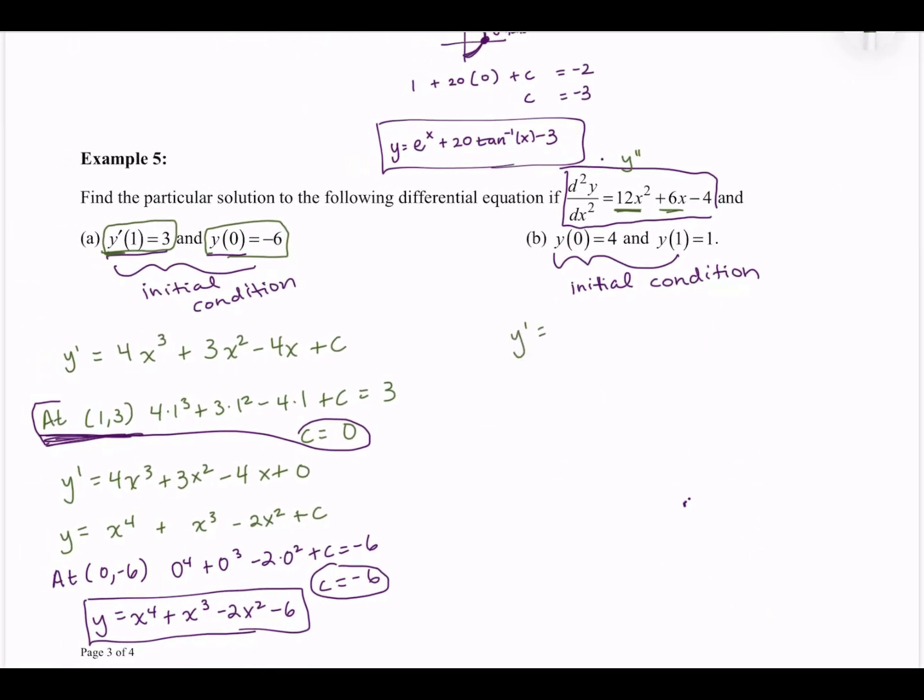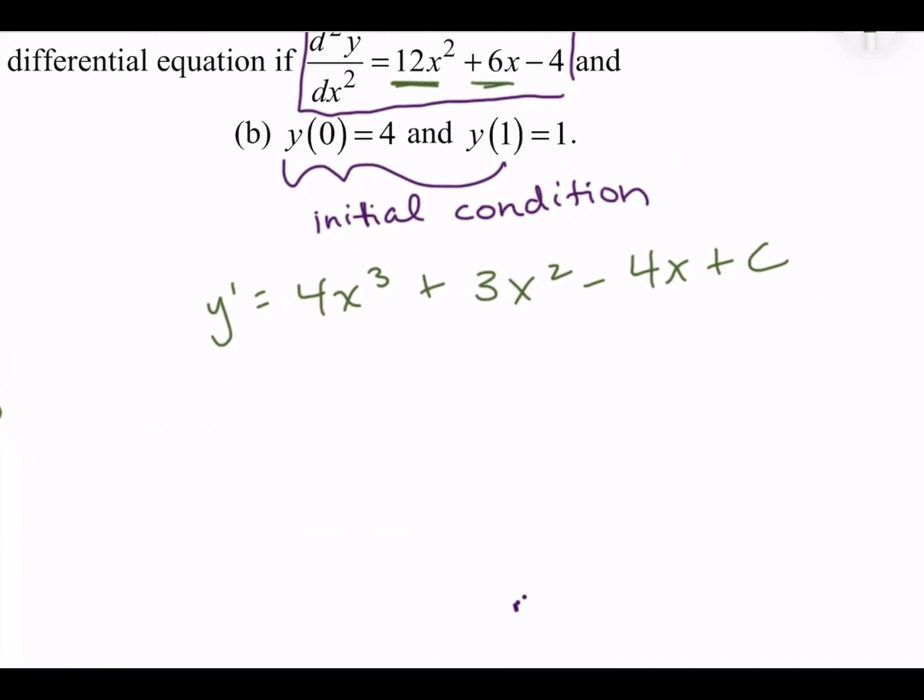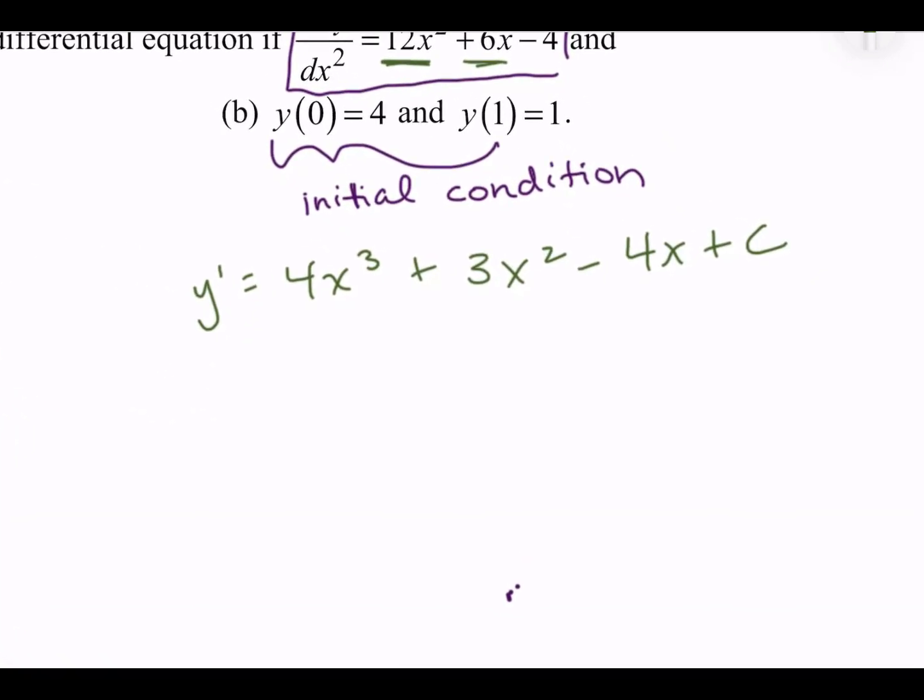So y prime equals 4x cubed plus 3x squared minus 4x plus c. But this time I don't have an initial condition for y prime, so I'm unable to solve for c. So I just have to proceed by taking the antiderivative again. So taking the antiderivative here, I'll get x to the fourth plus x cubed minus 2x squared, similar to what I got before.